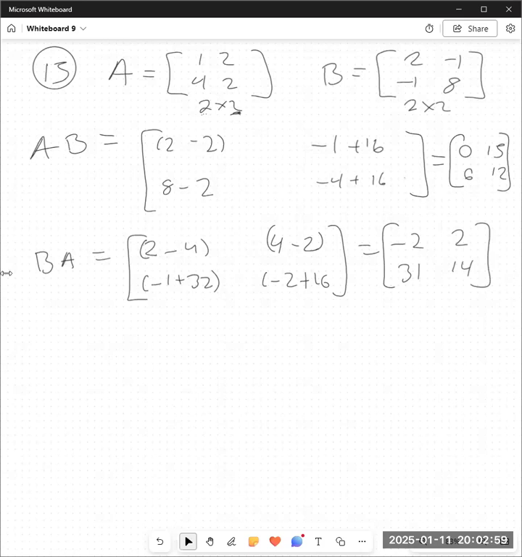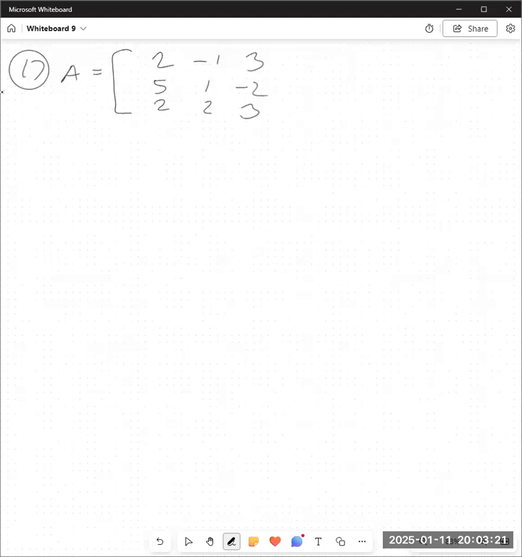Let's do this again with number 17. We'll have some different matrices here. 17 is A is 2, -1, 3, 5, 1, -2, 2, 2, 3, which is 3 rows by 3 columns. It's what we call a square matrix where the dimensions are equal.